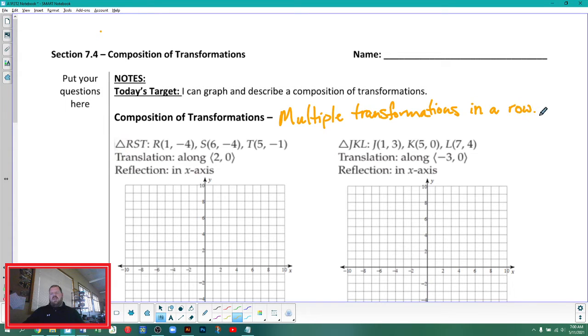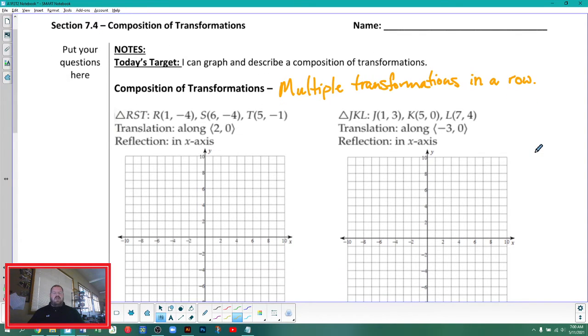So I'm taking the same shape, the same points, and doing multiple transformations at one time. Now, not really at one time. I am going to be taking my time to do these.